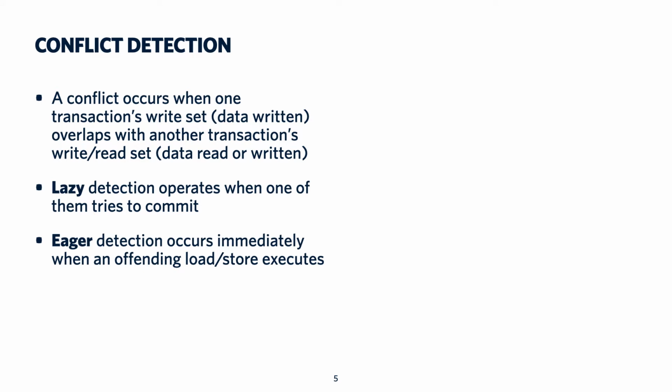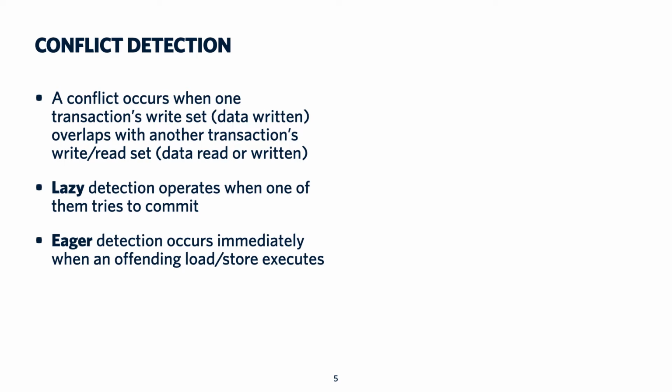We need conflict detection because conflicts occur when a transaction is writing to a set of data, and another transaction would like to either read from outdated data or write to the same location.